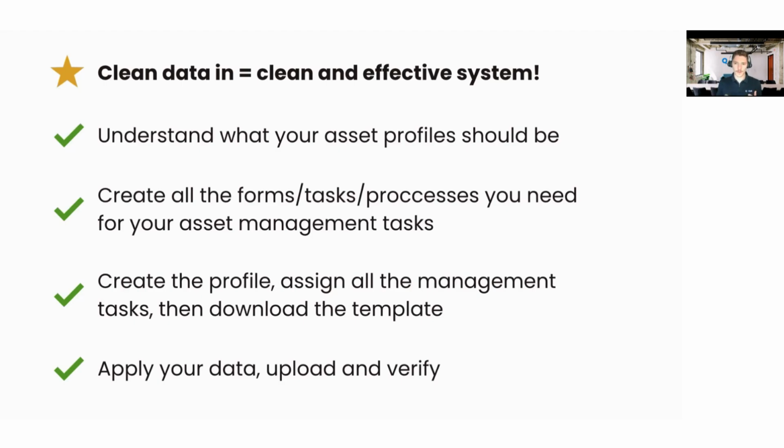But once you've got clean data, the steps that you want to try and think about before using Asset Hub, or if you're going to upload new assets, are as follows. The first thing you want to do is understand your asset profiles and what the asset profiles should be. For example, I talked earlier about different types of profiles. Other systems that you use for asset management, or even a lot of customers I've seen with Excel spreadsheets that they used to use to manage assets, they may already have this.